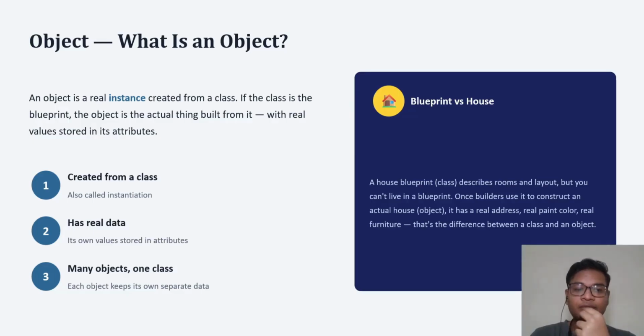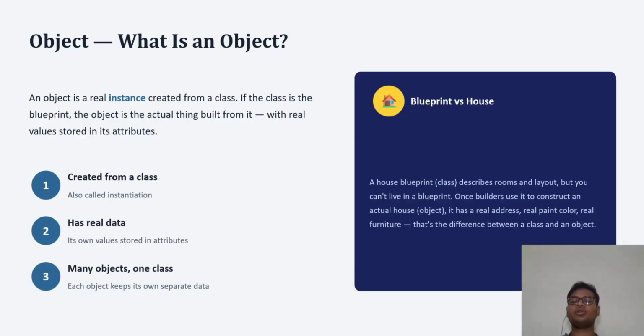The second one is that it has real data, meaning its own values stored in attributes. The third one is that each object keeps its own separate data.